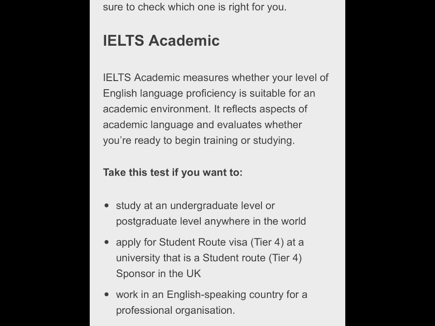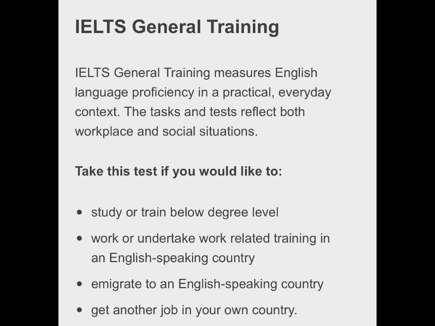Also, it is for student visas, and sometimes it is also for work visas, for people that want to work in an English-speaking country. Then the general can also be used for studies, but for courses that are below degree, like diploma courses and certificate courses.